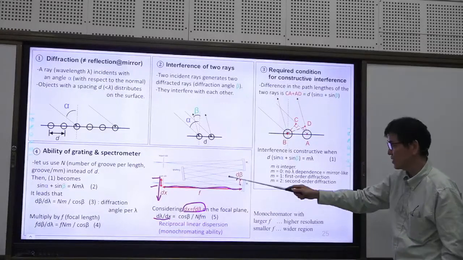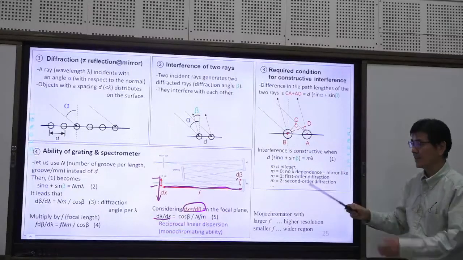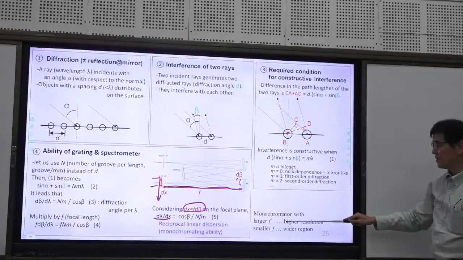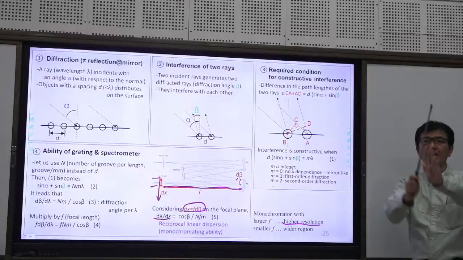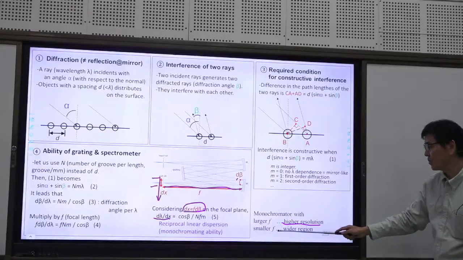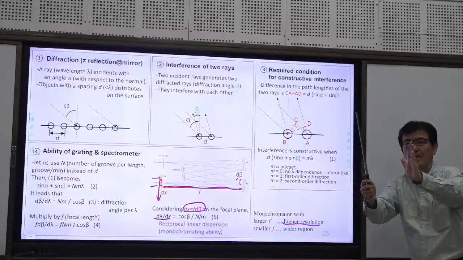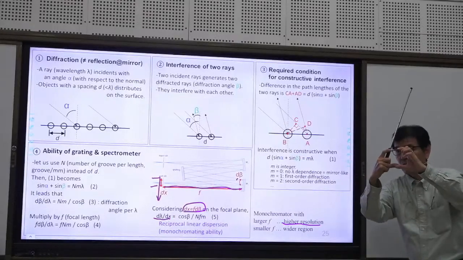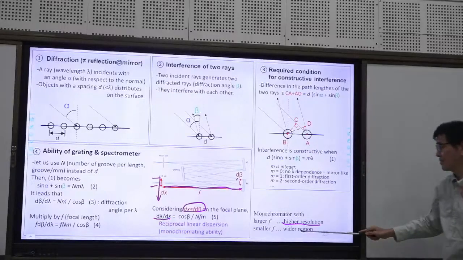From this equation we see if f is larger, or the monochromator is long, then the resolution becomes higher. Different colors can be separated further. If f is small, then different colors come closer together. In other words, the limited area of the detector covers a wider spectral range.